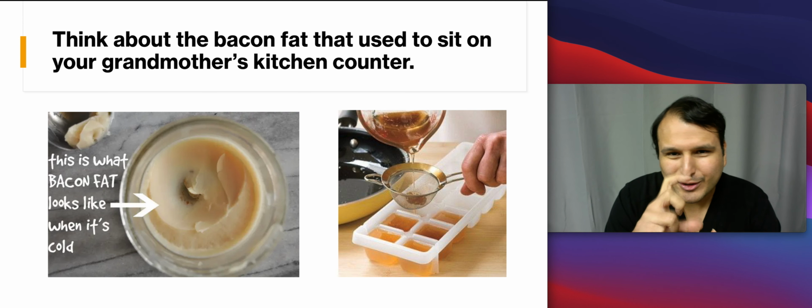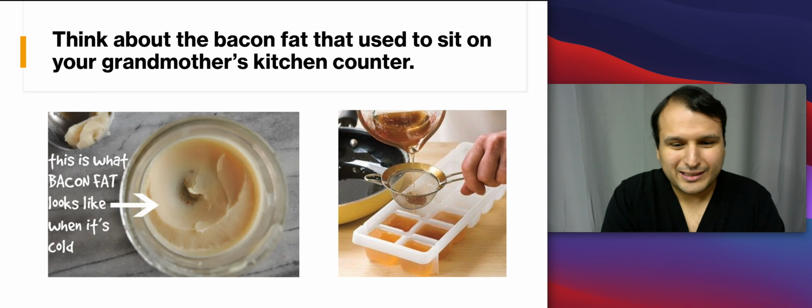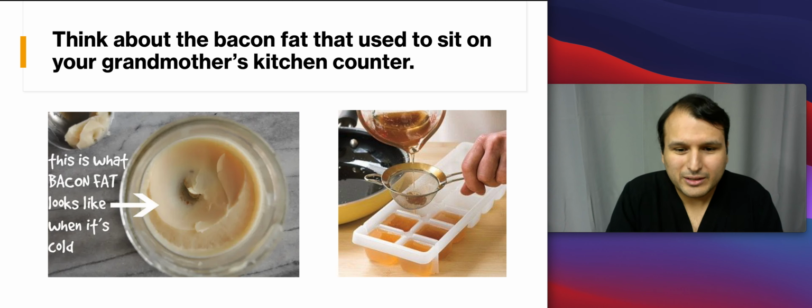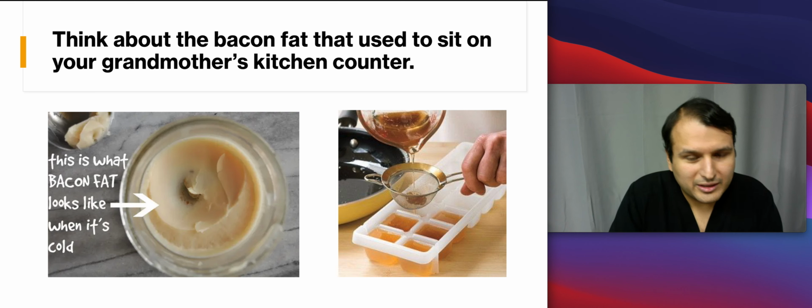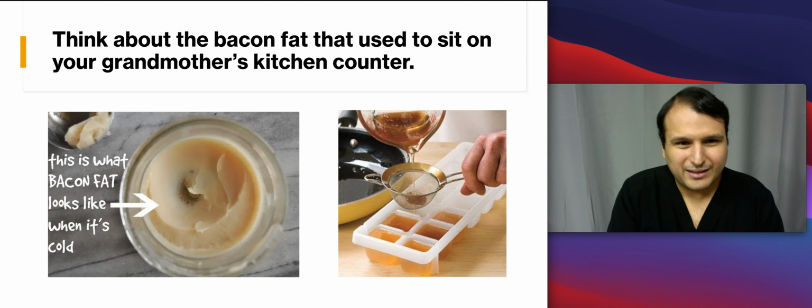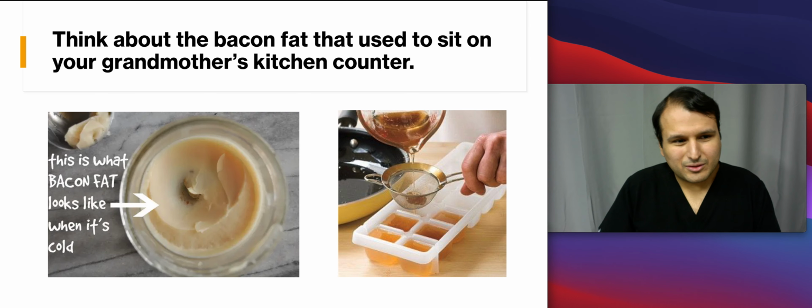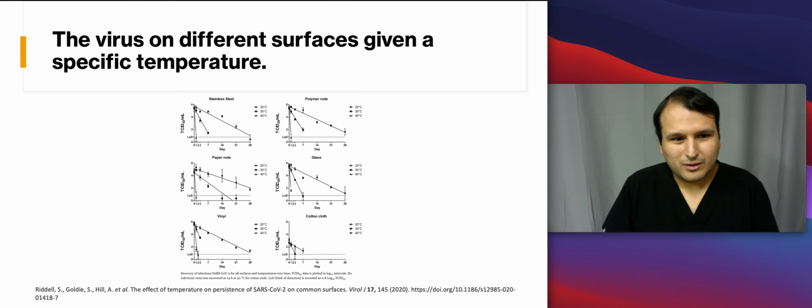Sometimes it would be very thick, and other times it would be liquidy, like you see on the right-hand side. It's hardier when it's cold, but when it's warm and hot, right off the frying pan, it's very liquidy and flows. So you can see that these changes can affect the virus.